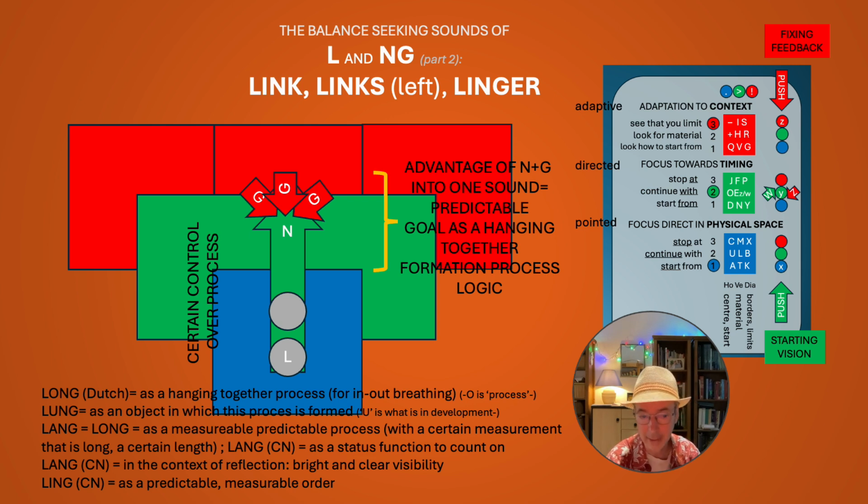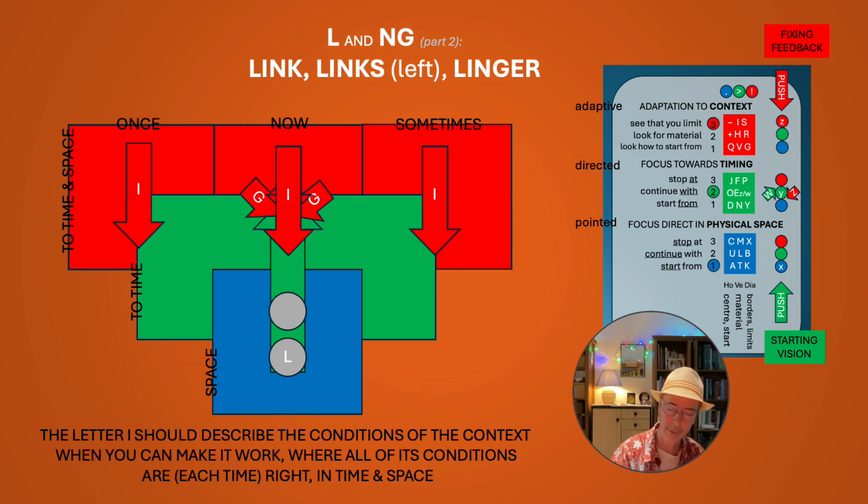And then you have ling as a predictable and measurable order. But I will go a bit further from ling to other words like link and links and linger. E in my system also is about context seeking.